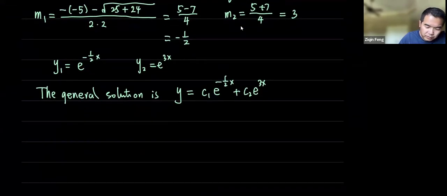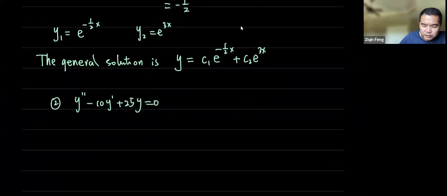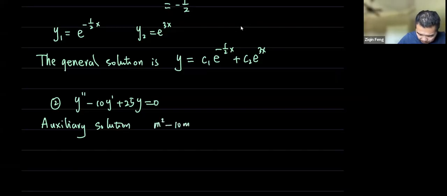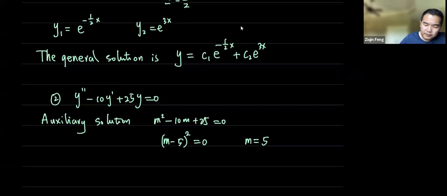So now let's see one more example. The second example is y double prime minus 10y prime plus 25y equal to 0. We don't have to go through the whole procedure, since we know that the auxiliary equation is m squared minus 10m plus 25 equal to 0. So this is m minus 5 squared equal to 0, and you have a repeated root, which is 5.